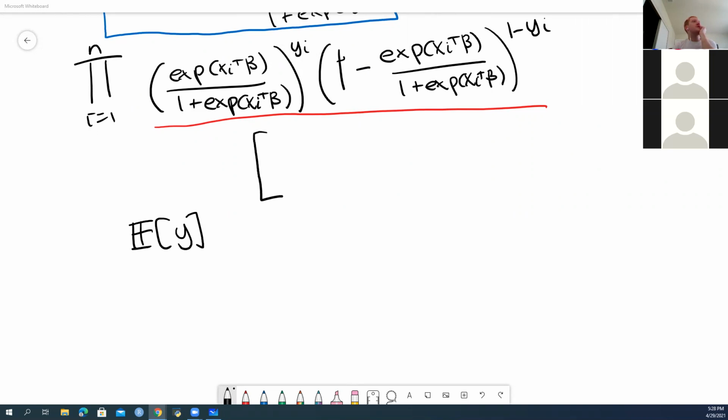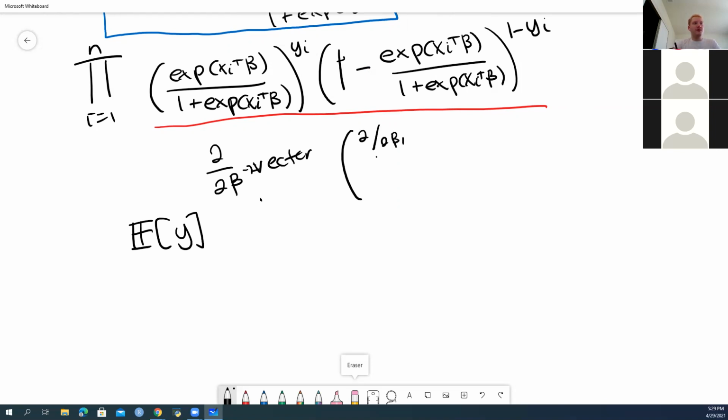Or does he want you to do it for each beta one? Okay, so I know what he's saying. Really you just need to take the derivative with respect to beta. What a gradient is, this is actually going to be a vector when you do this. It's going to be the partial derivative with respect to beta 1 through the partial derivative with respect to beta p.